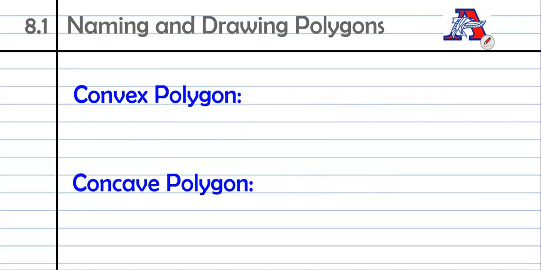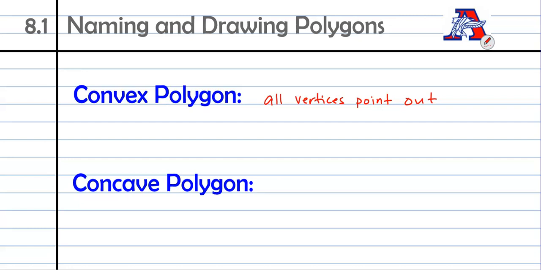Okay, now polygons can be broken down into two different categories. A convex polygon is a polygon where all vertices point out. And I think a lot of times when we think of what a polygon is, we're kind of envisioning a convex polygon.